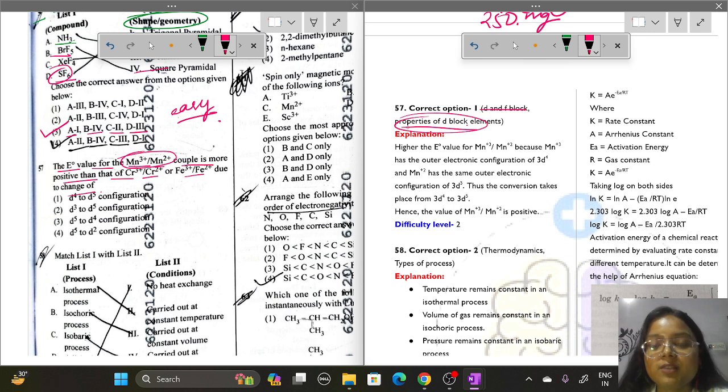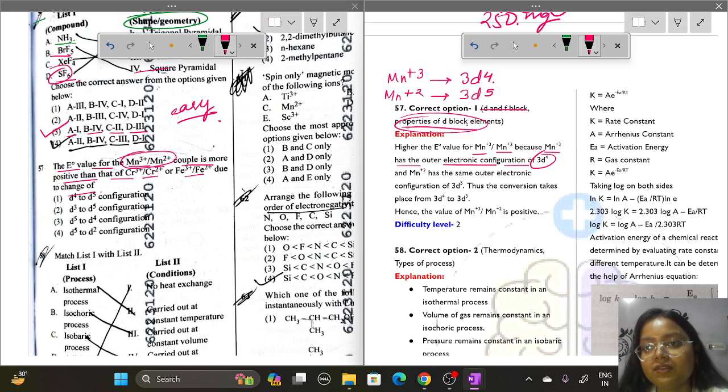So here see explanation, the higher E naught value for Mn+3 to Mn+2 is observed because Mn+3 has outer electronic configuration of 3d4. Okay, we know that Mn+3 will have the 3d4 electronic configuration, and Mn+2 will have an electronic configuration of 3d5.